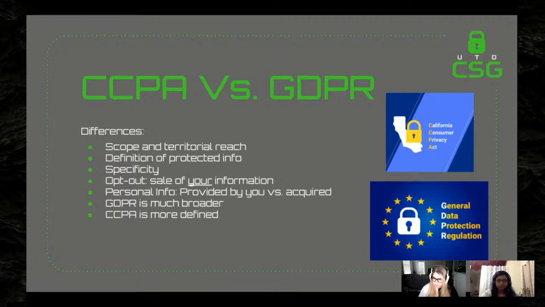If we look at sensitive personal information, this does not apply if the information was made public by you or by anyone else. So from this, we can infer that the GDPR has a much broader range of definition than the CCPA, which tends to be more specific and more defined.